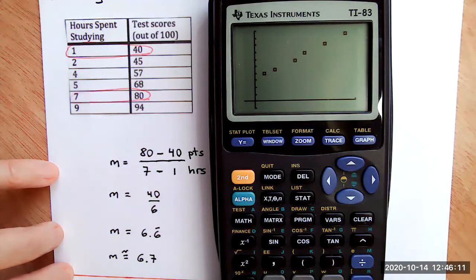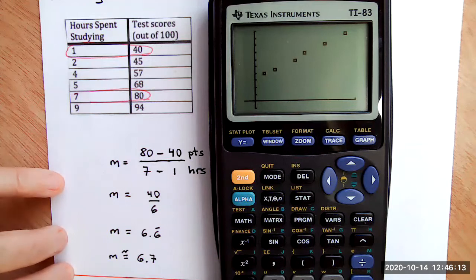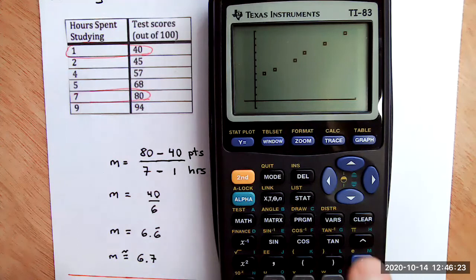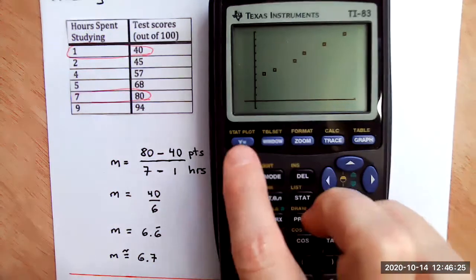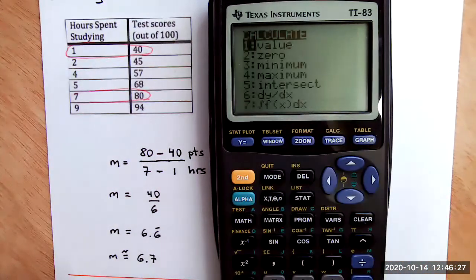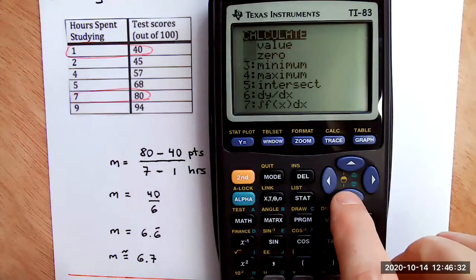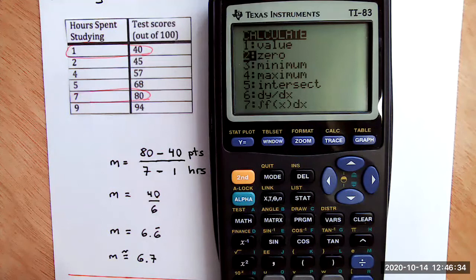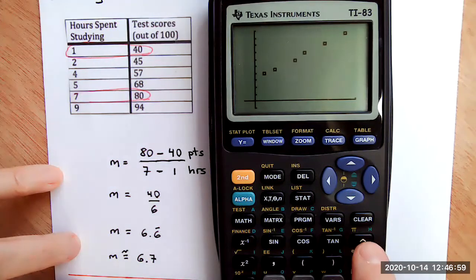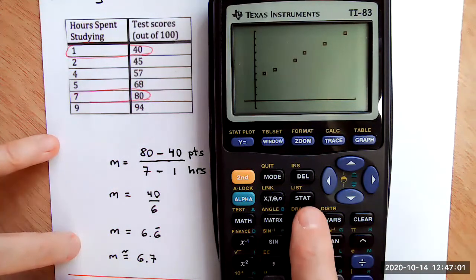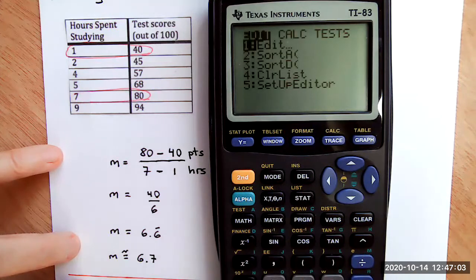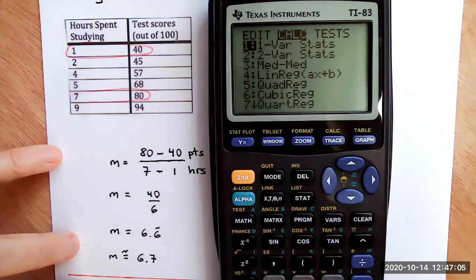And then the calculator will automatically find the equation of that line. Sorry, you want to hit stat and then go over to calculate.